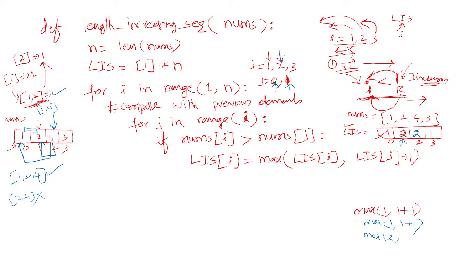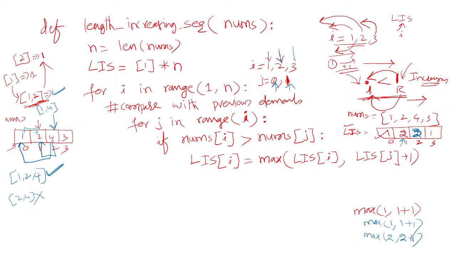The meaning is up to index 1 there is an increasing sequence with length 2. So that 2 we will take, then add plus 1 here, so it is 3, and we update the maximum. Now this becomes 3. This is the longest increasing subsequence with length 3 it is forming.